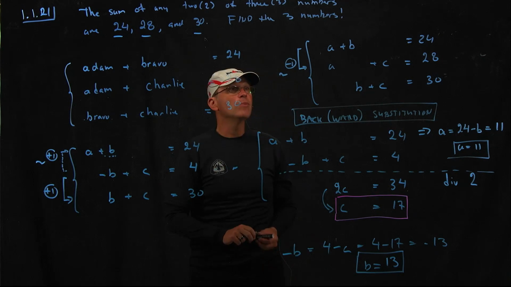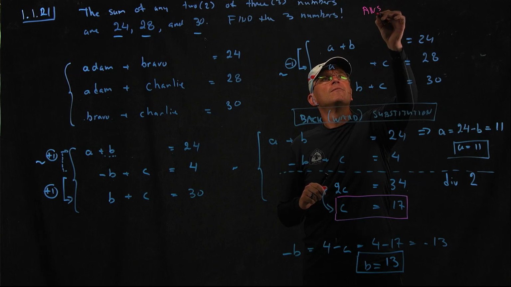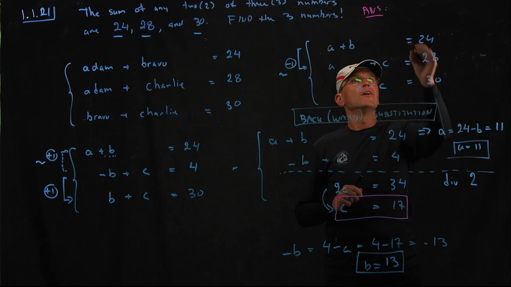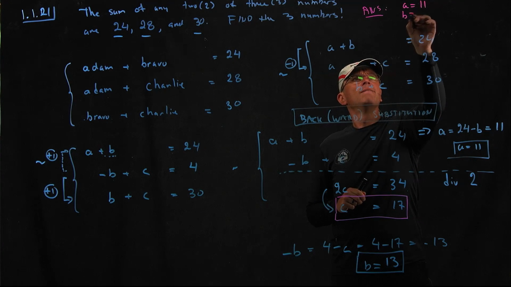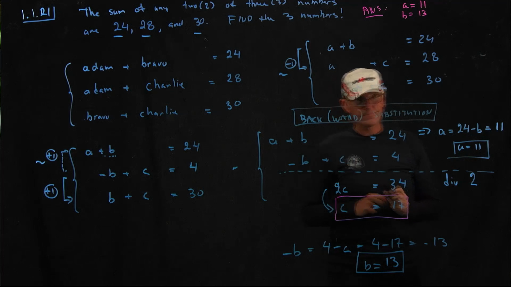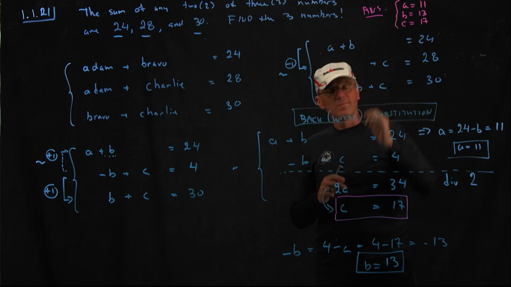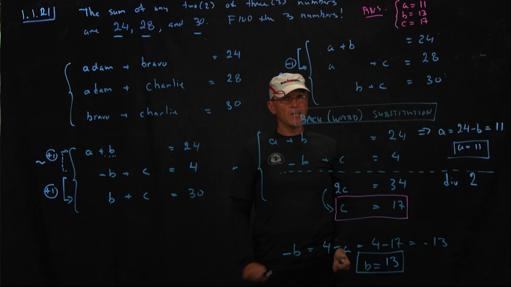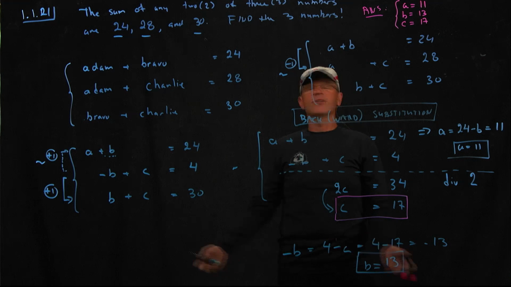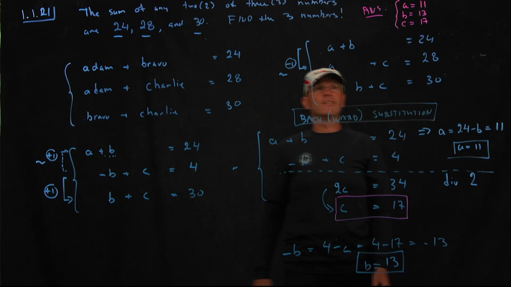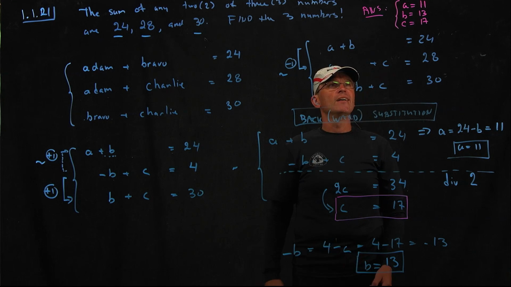So the claim is that our answer, the three values, are 11, 13, and 17. And we can check, and I think the problem demands that we check, but that's always the beauty of solving linear systems. Once you have the answer, you just plug the answer back into the original equations and see what happened.